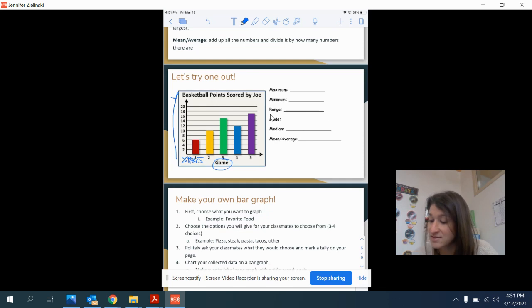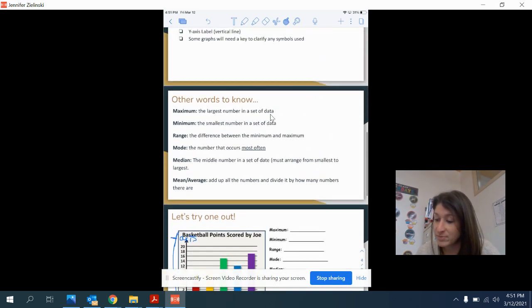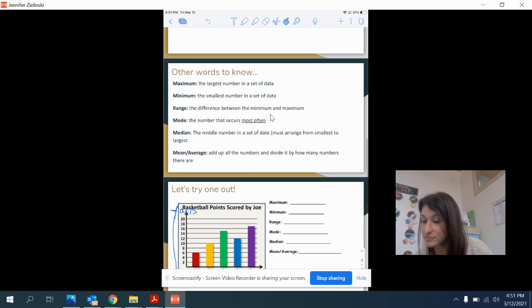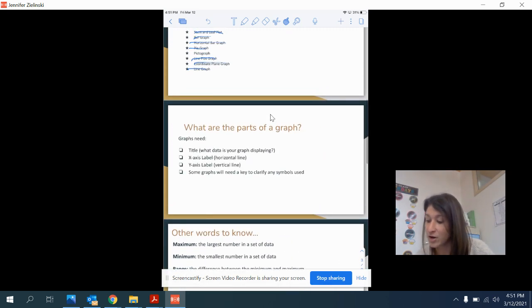So the y-axis is going to give us some other information as well. So it's important to know what these information pieces are containing. Then some graphs will need a key to clarify the symbols used. We might see that for a pictograph. How much does each of those symbols represent?